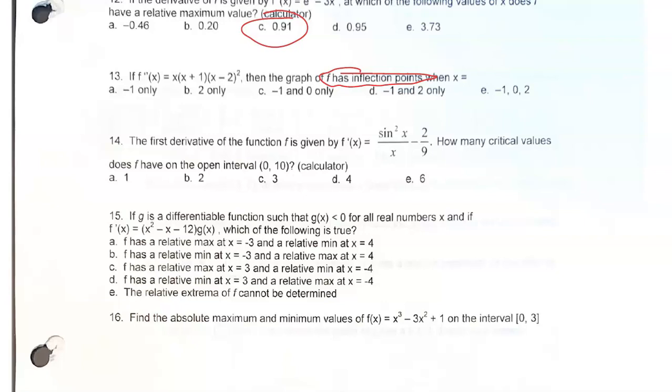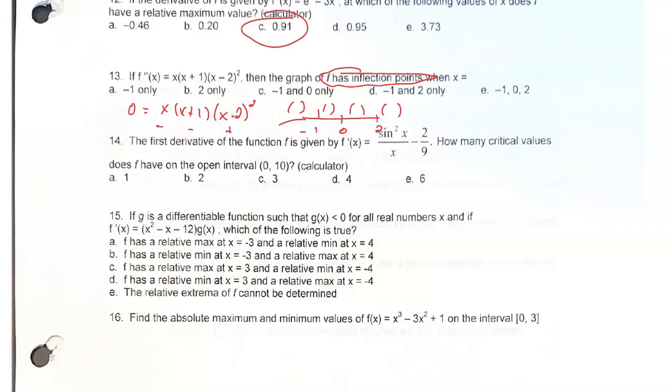This is your second derivative. We don't just want to set that equal to 0 and assume that all of these are going to work, because they don't. We would test them all, so -1, 0, and 2. But when we go through our tests, what do we start with? The -2 would be negative, negative.